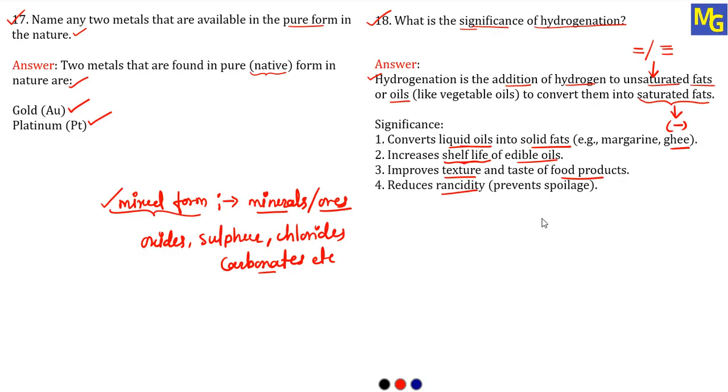Like how corrosion takes place in case of metals, if the same process takes place in case of food items, then it is called rancidity. So it reduces the rancidity, meaning our food product will remain safe and in good quality for more time. And for all this, hydrogenation can be used. So this is the answer for this question.